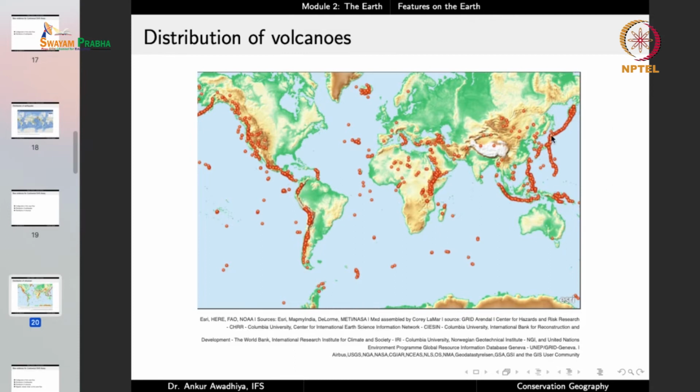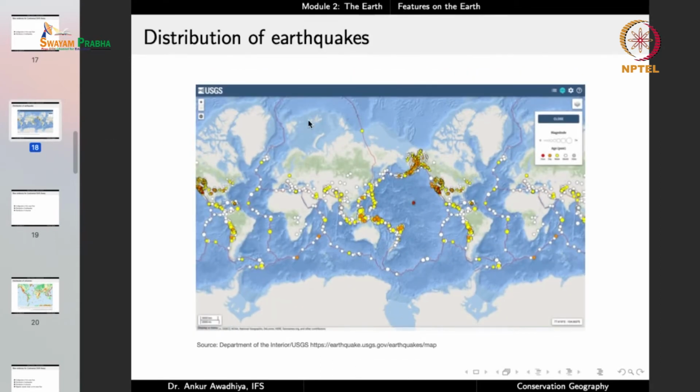Here we find a line right next to Japan, which is full of volcanoes. And if you look at the earthquake curve, yes, there is a line here that is showing a very high intensity of earthquakes as well. So there is something that is going on in these specific locations, because of which they are getting a very large number and intensity of earthquakes and volcanic eruptions.